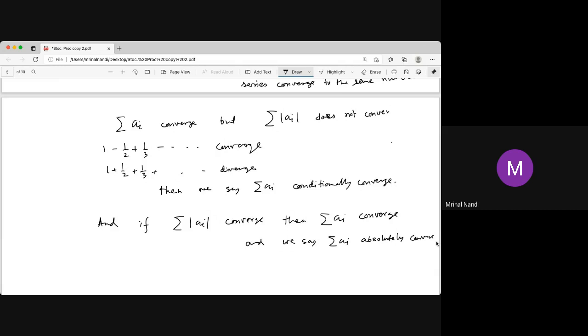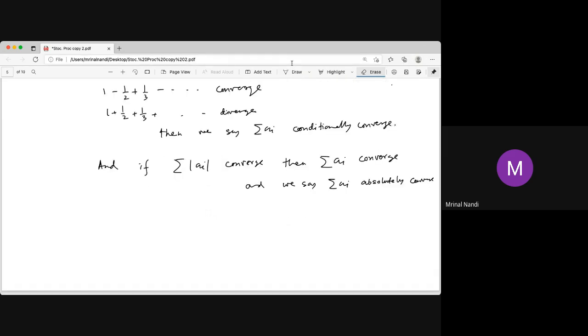Now, if some series is absolutely convergent, then one more result is this. One theorem: if summation AI is absolutely convergent, what is the meaning of that?